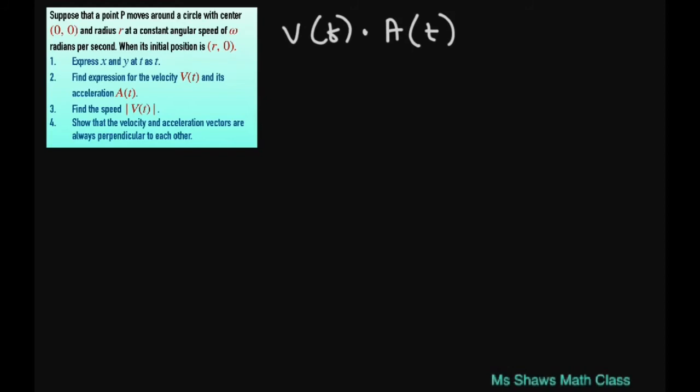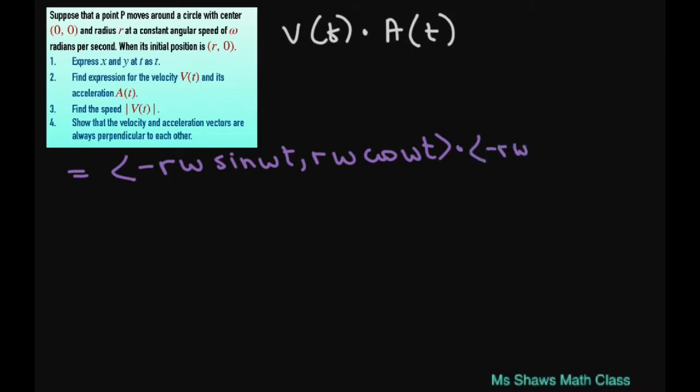That's going to give us negative r omega sine of omega t, r omega cosine of omega t, dot, negative r omega squared cosine of omega t, negative r omega squared sine of omega t.